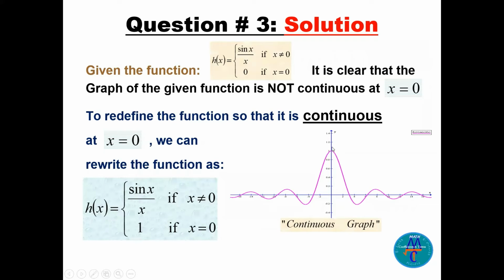That was not continuous, removable discontinuity. Now we can remove it. We can redefine the function. Remember, redefining the function. So I can write h of x is 1 if x is equal to 0. So now we have this graph continuous everywhere.